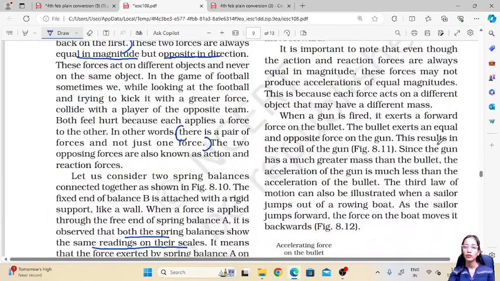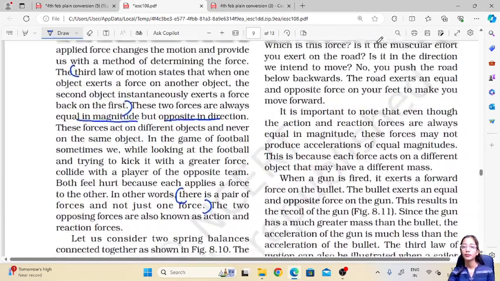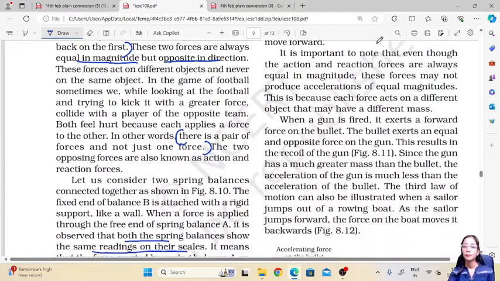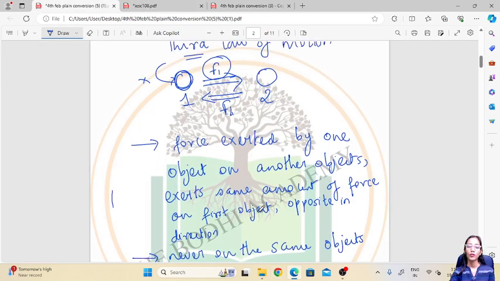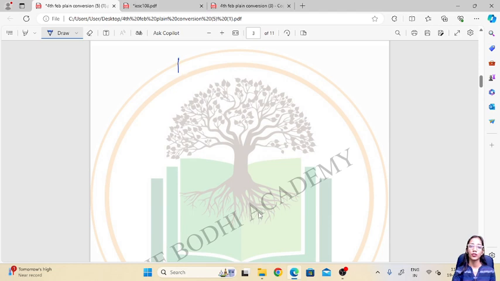Now there is a famous example over here. It is important to know that even though the action and reaction forces are equal in magnitude, these forces may not produce accelerations of equal magnitude. The forces are equal in magnitude, F1 is equal to F1, but they are opposite in direction.